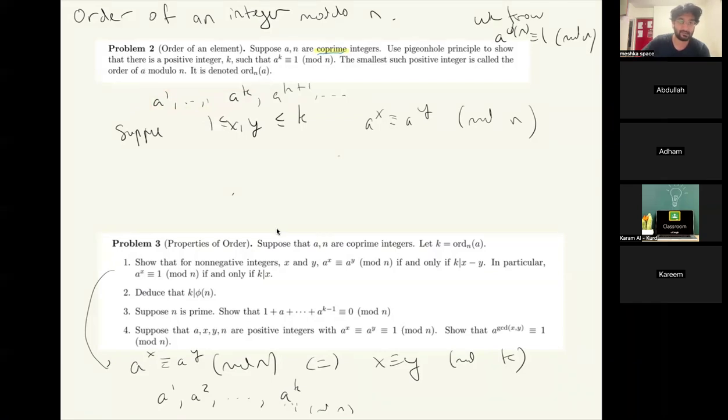Does it make sense? I know A to the K plus 1 is the same as A to the 1, so the only way this property can fail is if in one period there are repeated terms. I want to show that's not possible. And like you said, it follows from the minimality of K, but how? I need to prove it.